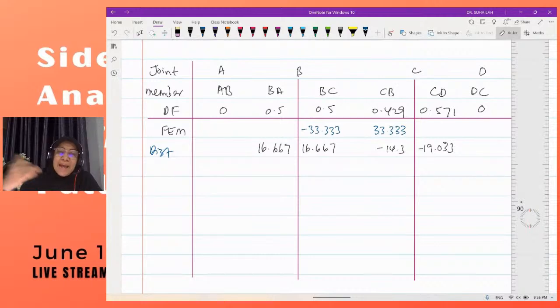Then the next step is carry over. We have to do balancing. The carry over factor is 0.5 because all the far ends are fixed.